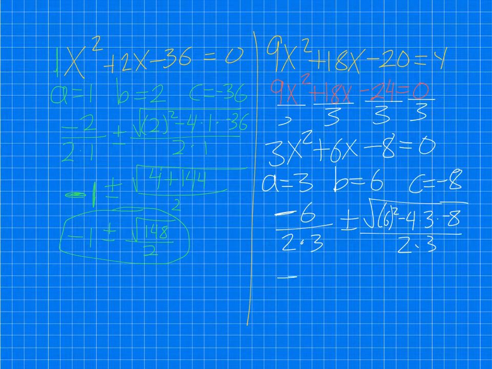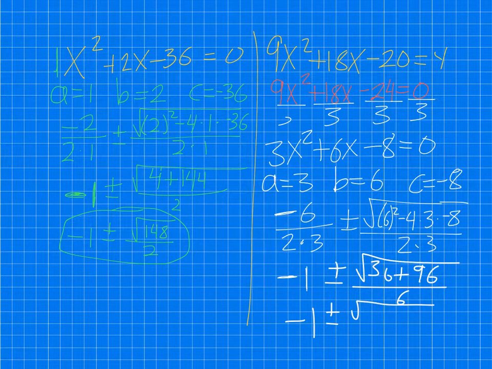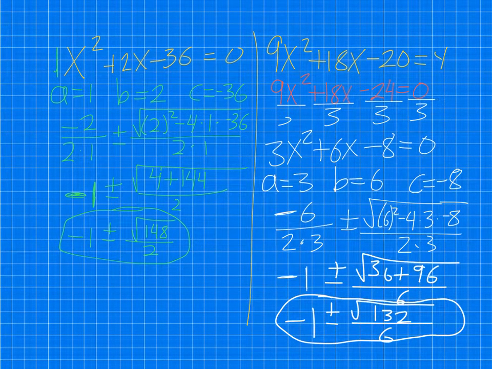Negative 6 over 6 is going to be negative 1, plus or minus 36 plus, because we have 2 negatives in there, and then 32 times 3 is going to be 96, all over 6. So negative 1 plus or minus the square root of 36 plus 96, which is 132, over 6, which does not reduce much. And that would be your final answer.